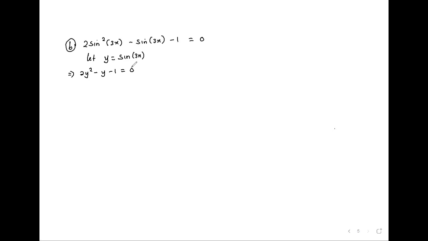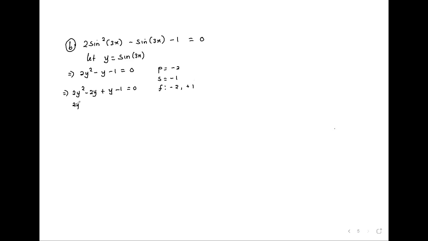So that we check what's our product. Our product is -2, and the sum is -1. So what should be the factors? The factors will be -2 and +1. So we have 2y squared minus 2y plus y minus 1 is equal to 0.